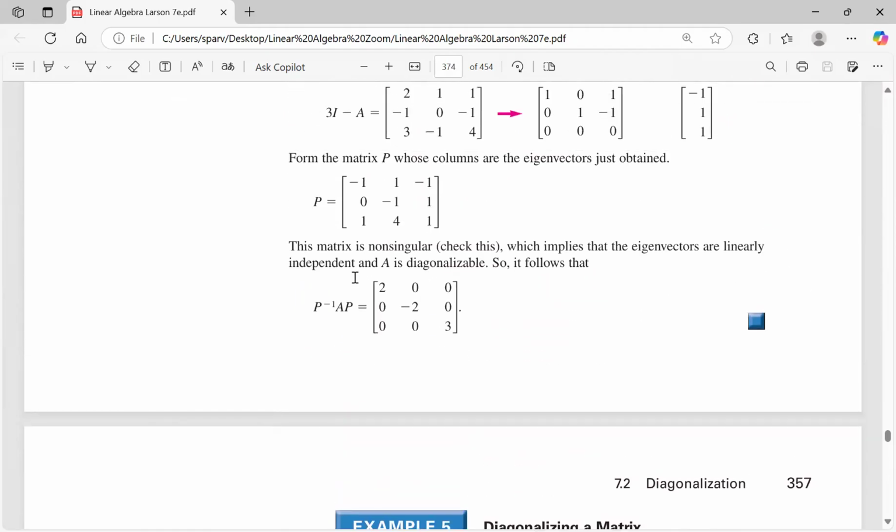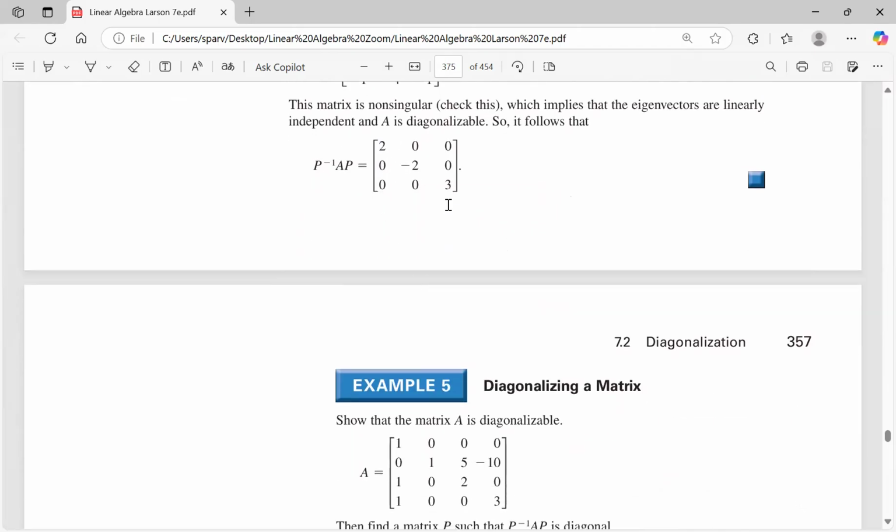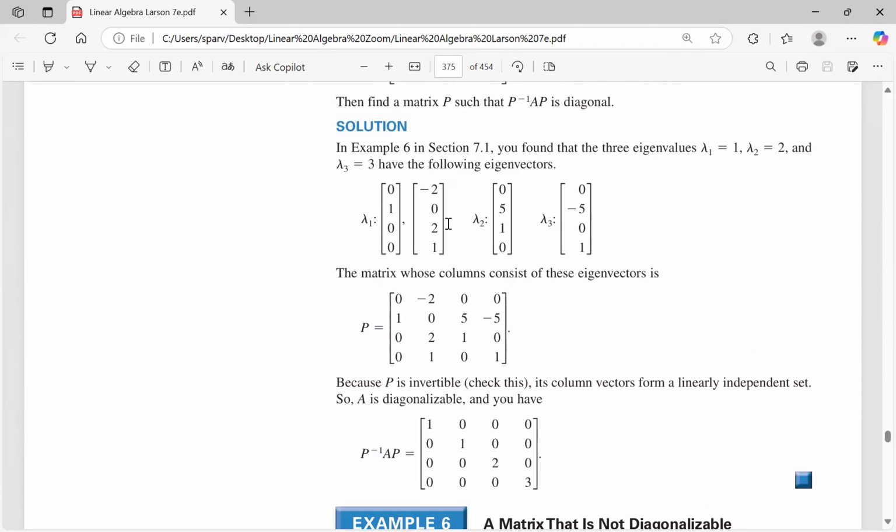But remember, the end result of section 7.2 is this right here. You see that? P inverse AP, that's all we want. That's a diagonalized matrix. And from this, we know the eigenvalues, and hopefully we can find the eigenvectors too.